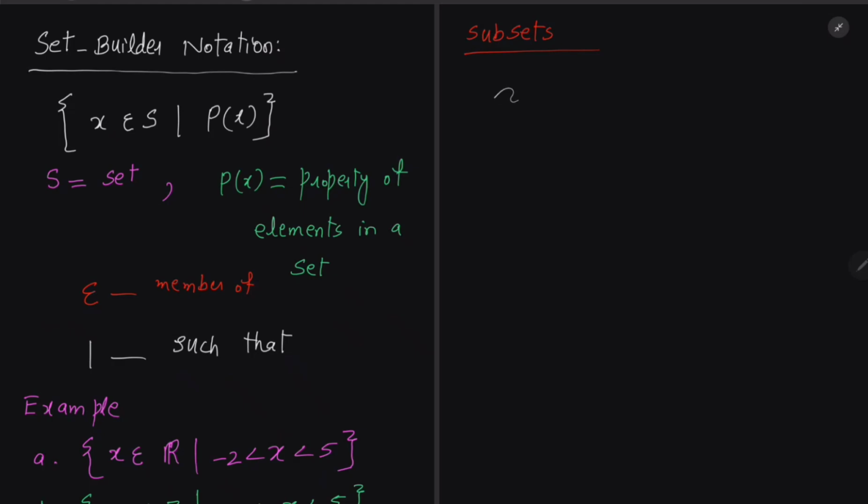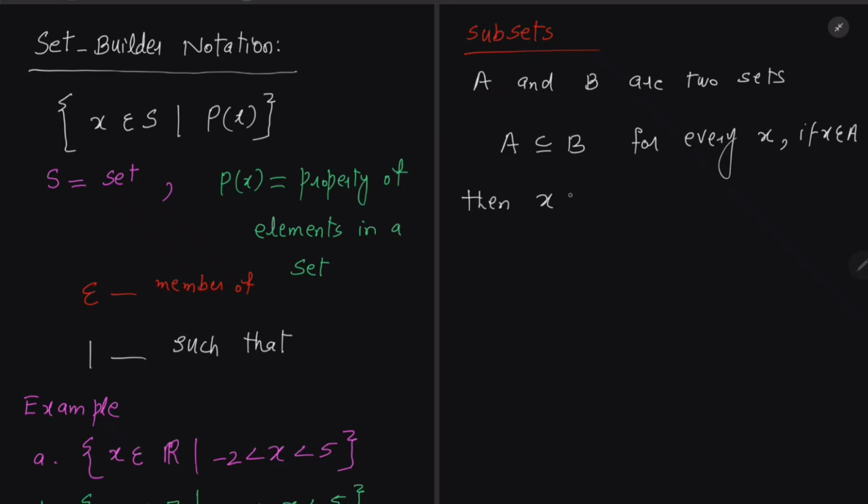A subset is defined like this: if you have two sets, A and B, then A is a subset of B means that for every x, if x belongs to A, then x belongs to B. So every element of set A will be a part of set B. If it is written like this, that's how you define it.